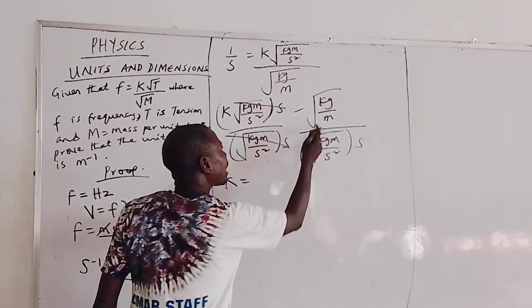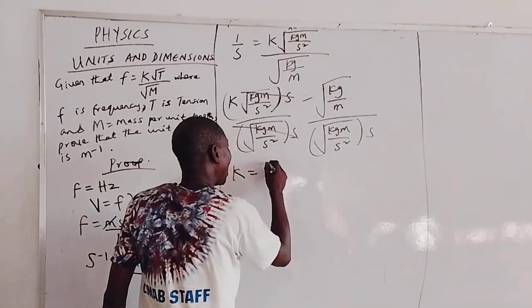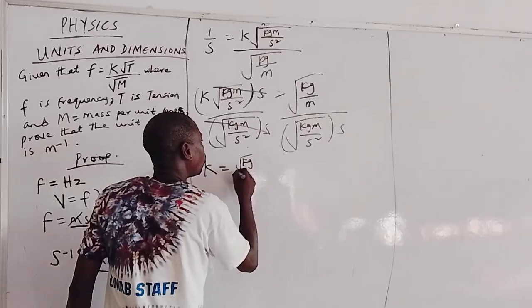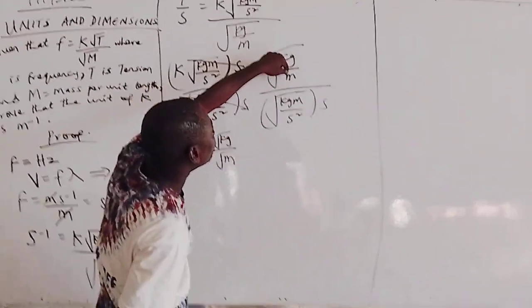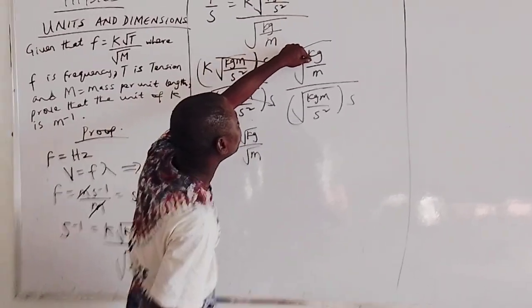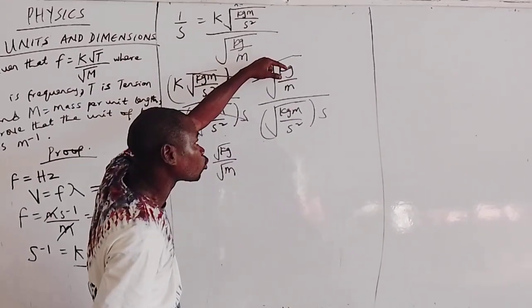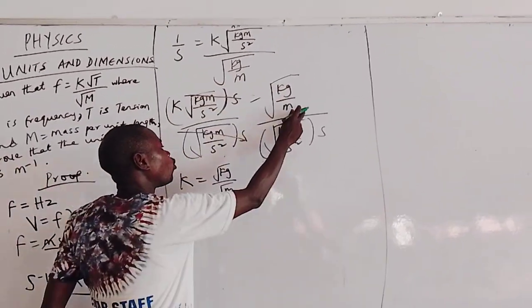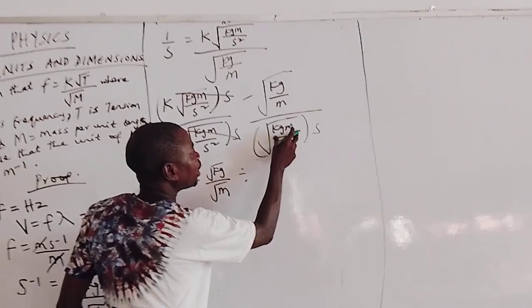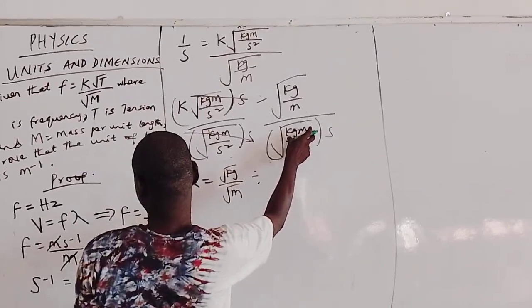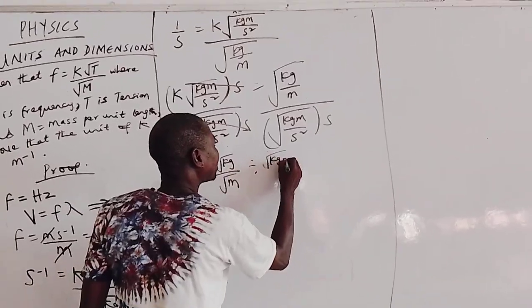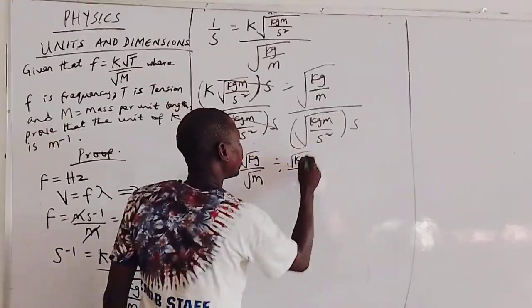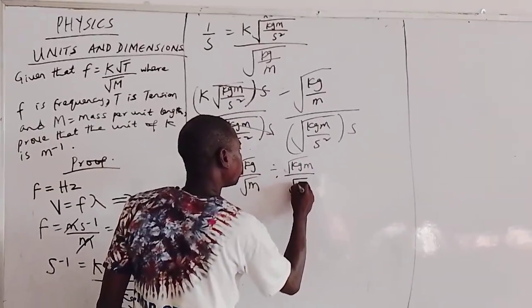So the next line of action, I can rewrite this as root of kilogram over meter. Root of kilogram over meter means root of kilogram over root of meter, from the rules of surds in mathematics. Then over means divided by. Now what we are having here is root of kilogram meter all over root of second squared.